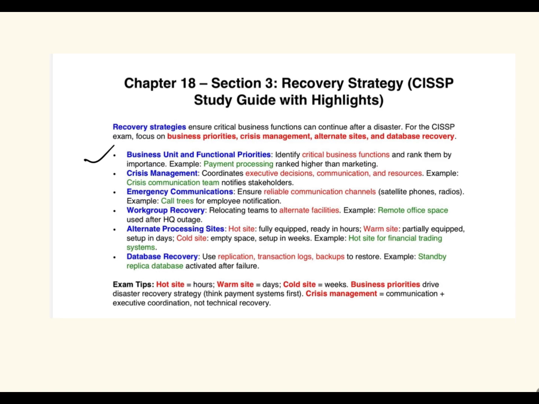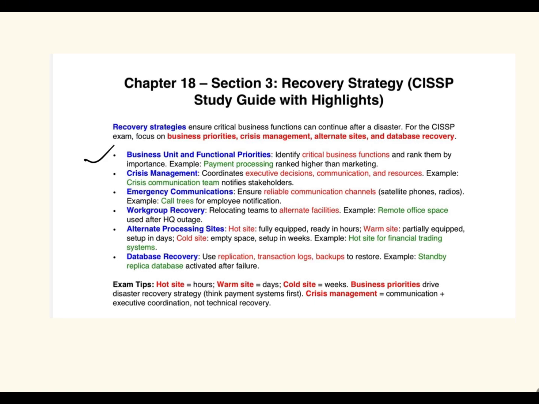Therefore, we need to rank every single business function, and based on that, we need to check how we can handle them in case of disaster, outage, or disruption.